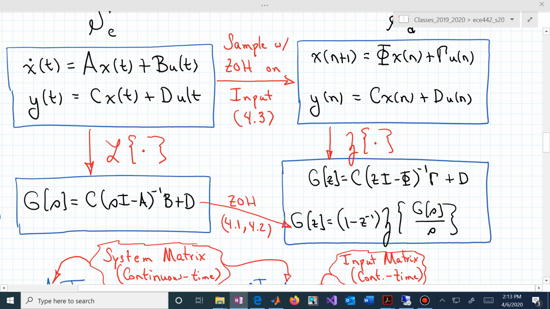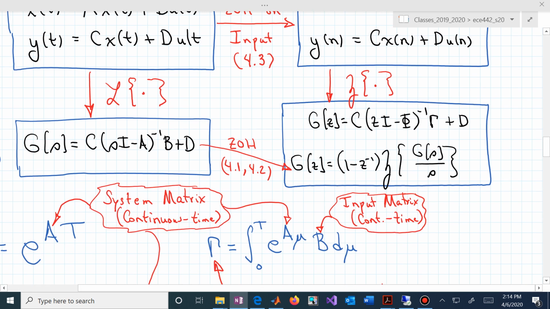If you went horizontally with this discrete equivalent in the state space setting, and then Z transform the state space representation, you find your capital G of Z in a transform setting as this C times the quantity (zI minus phi) inverse times gamma plus D.